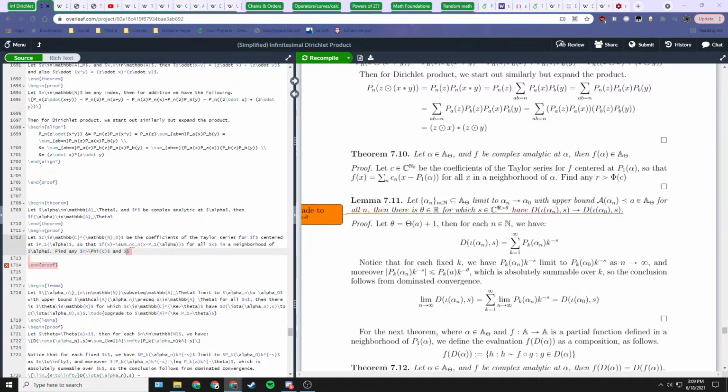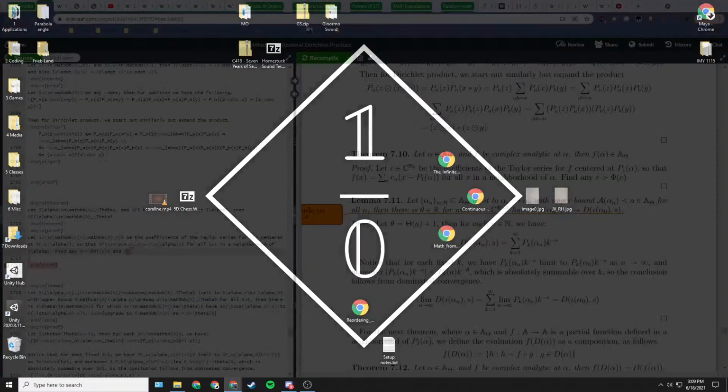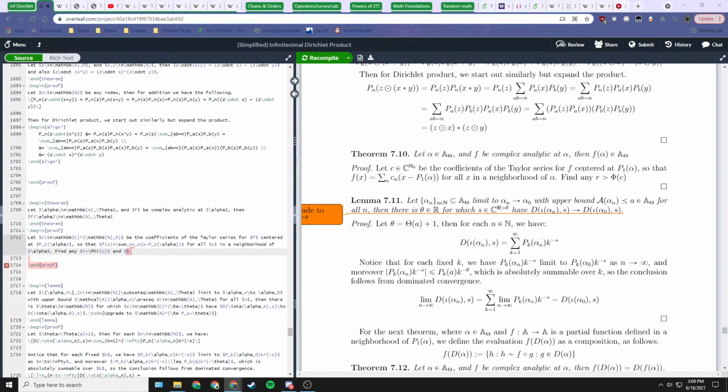Let me double check. I think that is correct, actually. R greater than phi of c and a constant, okay. Instead of using c, let's use beta.